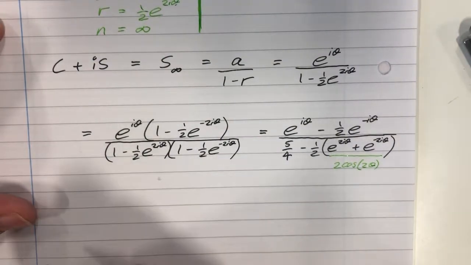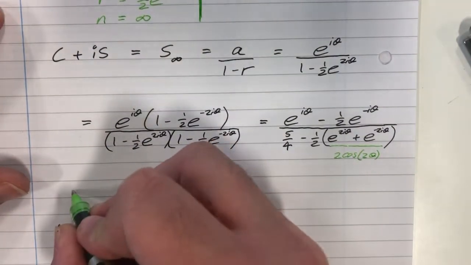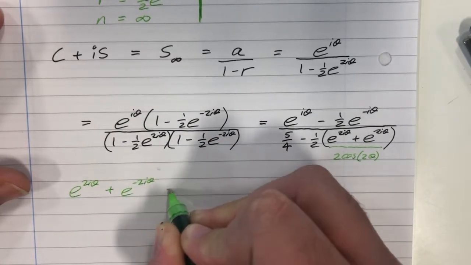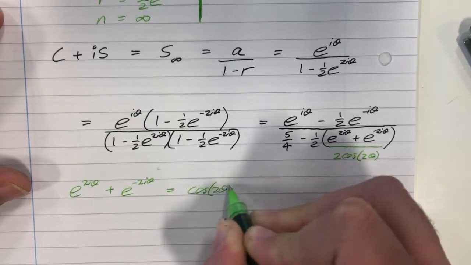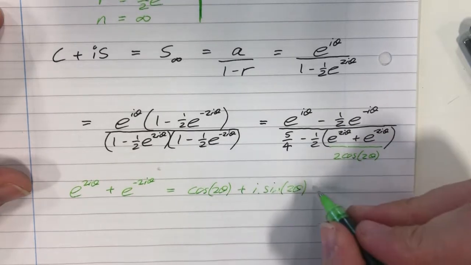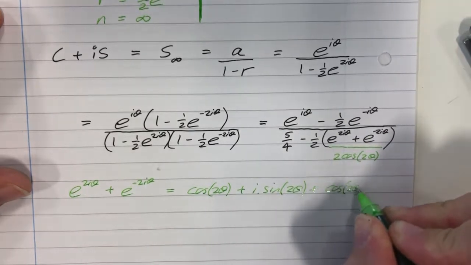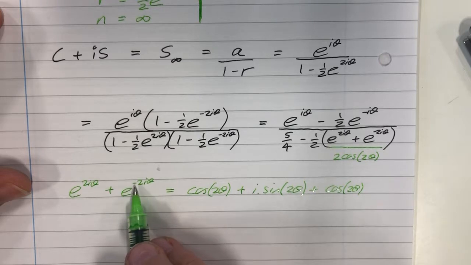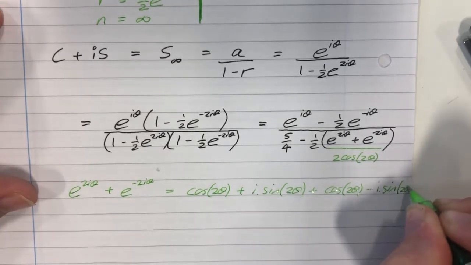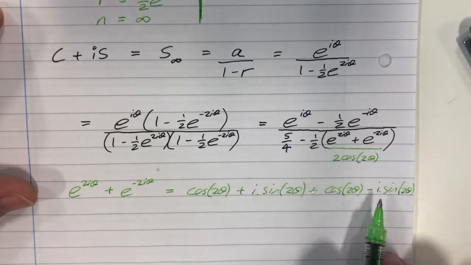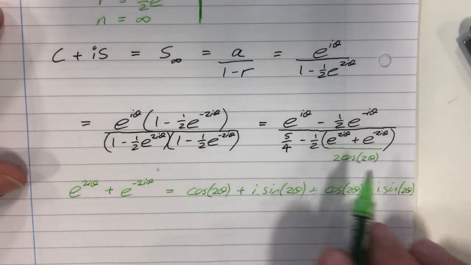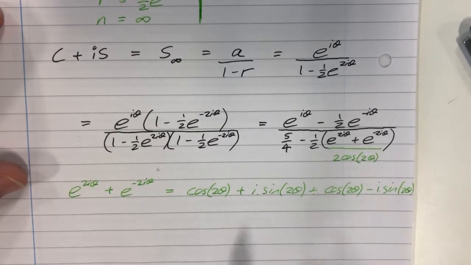Well, that's a little aside. e to the 2i theta plus e to the minus 2i theta is equal to cos of 2 theta plus i times sine of 2 theta, plus cos of 2 theta from that one, because the negative doesn't make a difference for the cos. And that's going to be minus i times sine of 2 theta, because the negative on the theta actually changed the sign of the sine. The two imaginary parts cancel out, as we'd expect, because we expect the bottom to be real, and we're left with 2 cos 2 theta.